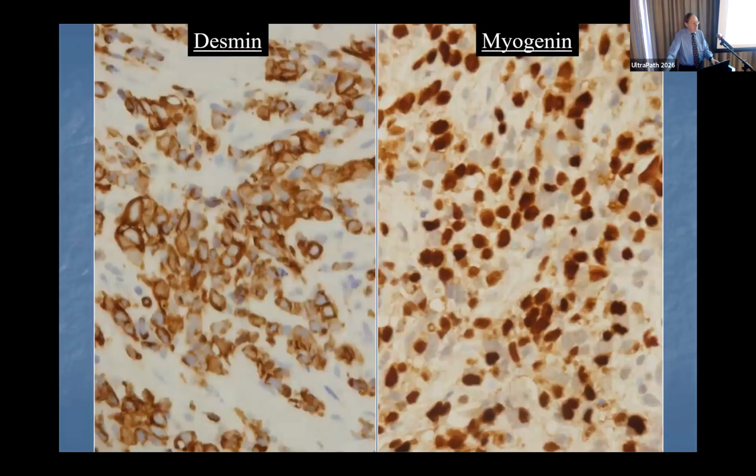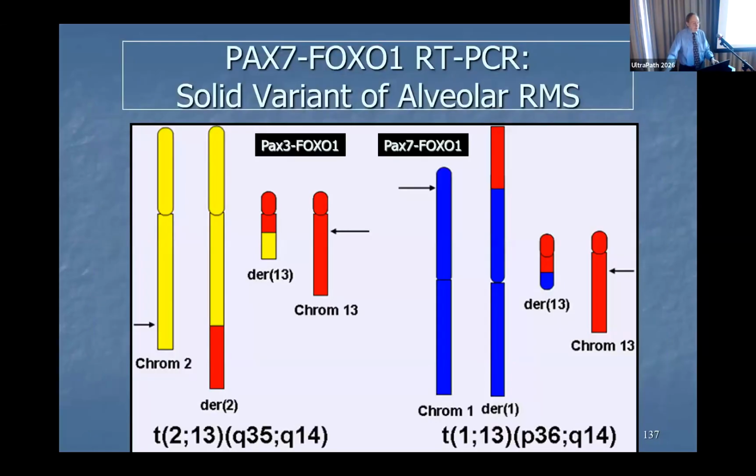After that, we ended up doing the desmin and myogenin, and let my hematopathology colleagues know that they didn't need to do flow and other things. So this is an example of a supposed lymph node that on touch perhaps looked like it should be lymphoma, but wasn't.